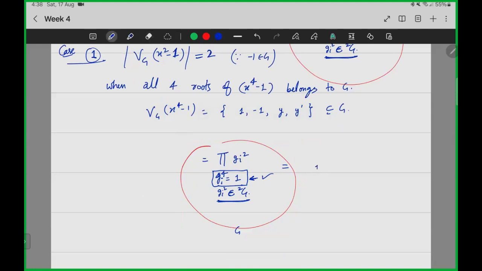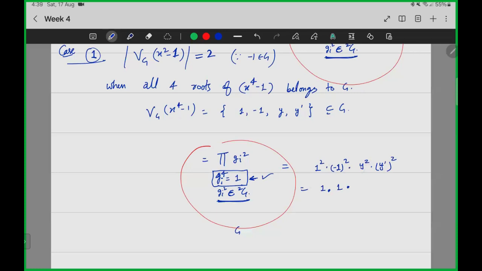So it is 1 square into minus 1 square into y square into y prime square, and this is nothing but 1 into, this also becomes 1, and what does y square become?